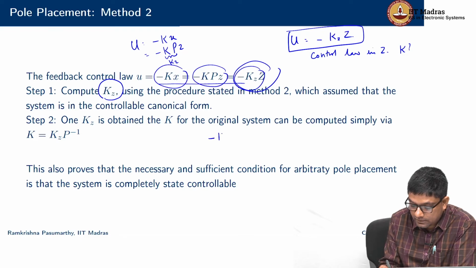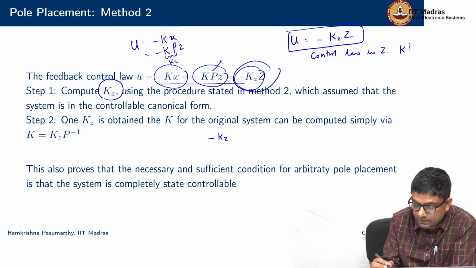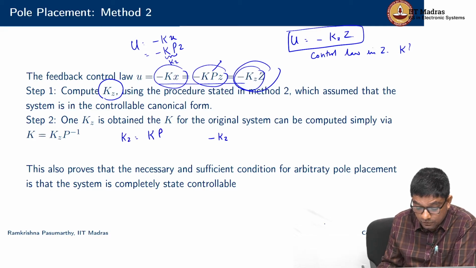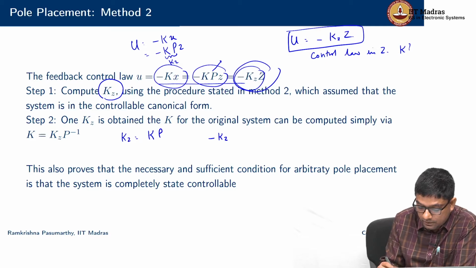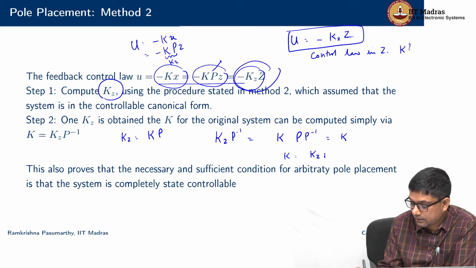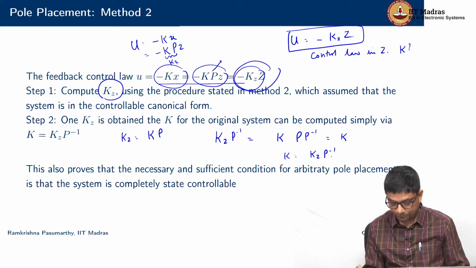So, take minus kz, from here kz is k times p. Now, if I take this kz, which is equal to k times p, and I do a p inverse, what I get is k. So, k is simply kz times p inverse.